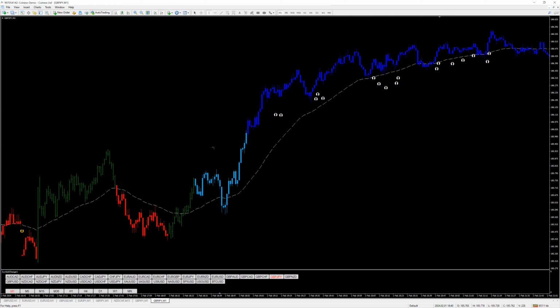Let's mark it up, right there. And you can see there are no entry arrows because there wasn't an alignment on one of the time frames.